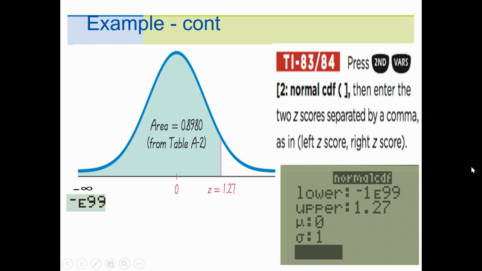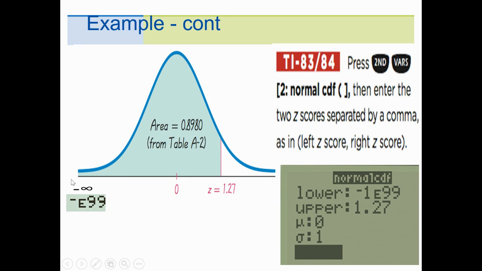Here's an example of using the 84. I'm looking for the probability of a reading on a thermometer being less than 1.27. So here's my 0, here's my 1.27. I draw a vertical line. I'm interested in the area to the left. My table is always set up for the area to the left.